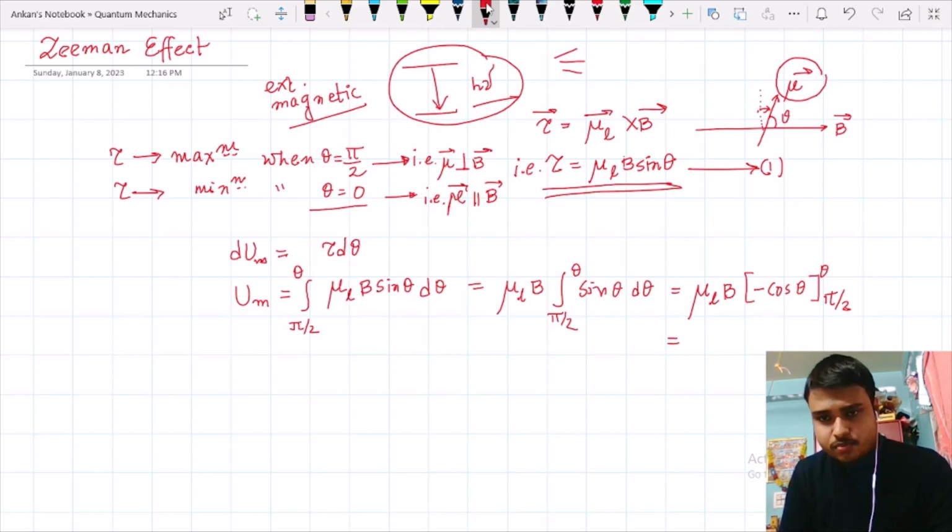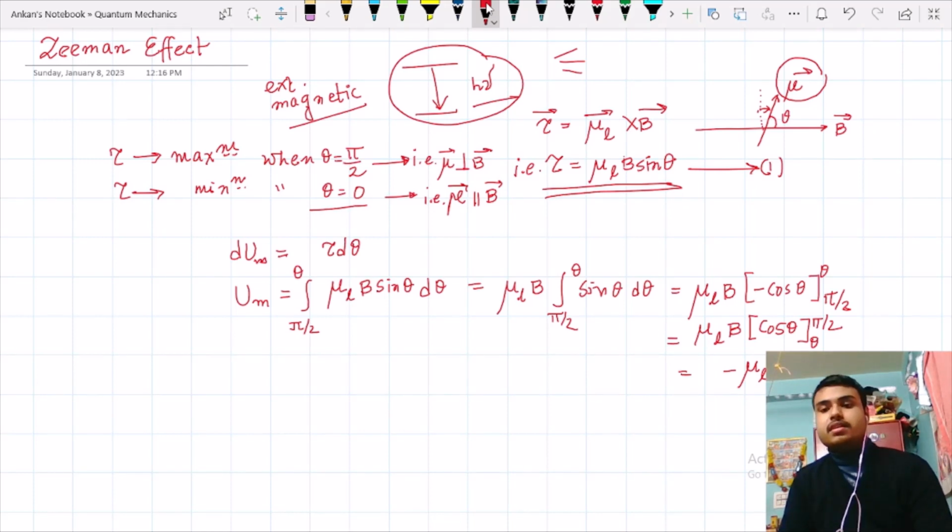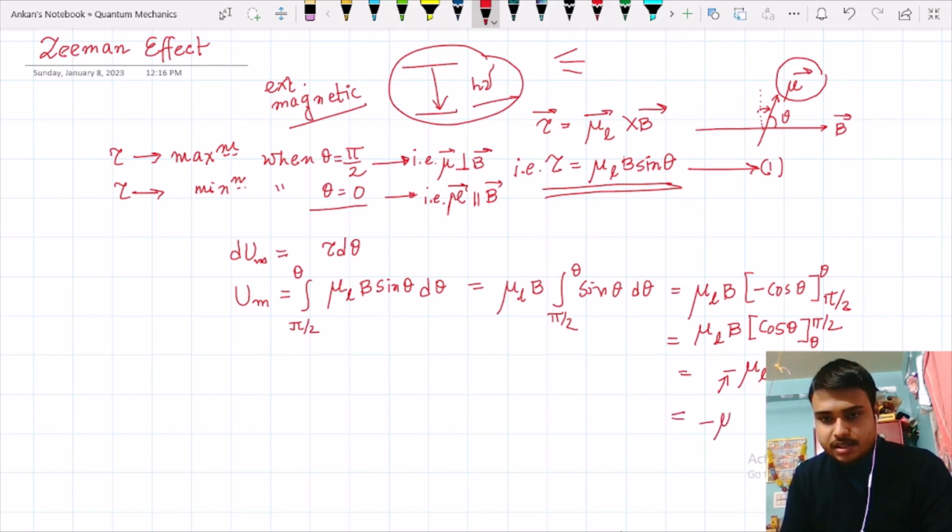To absorb this negative sign, we exchange the upper limit and lower limit, so we get minus mu l B cos theta. This minus sign has great significance, as the potential energy must try to reduce, so this negative sign arises. So this can also be written as minus mu l dot B.